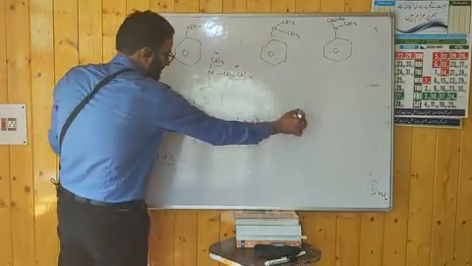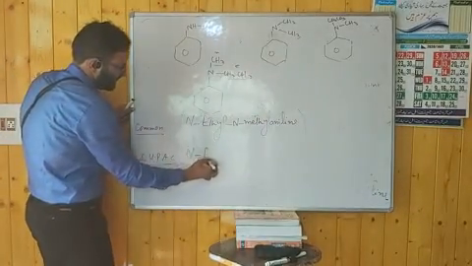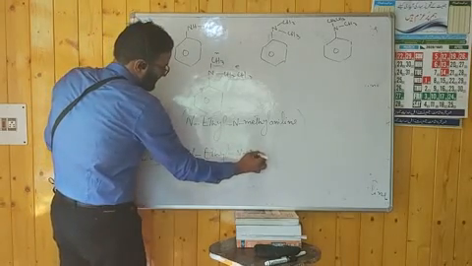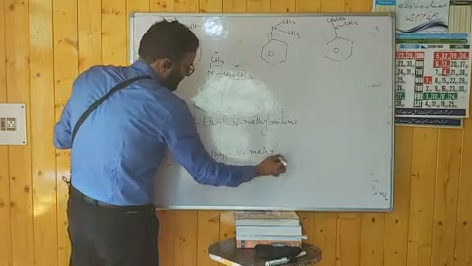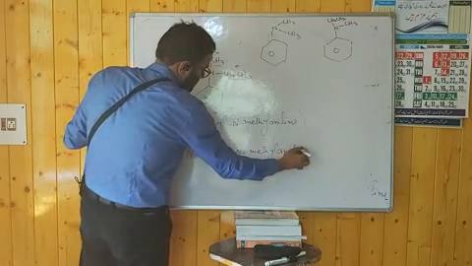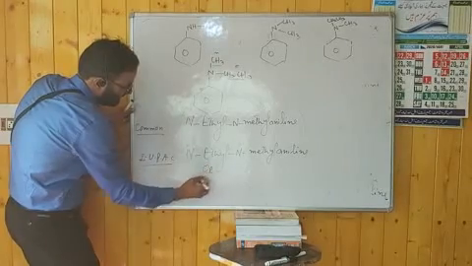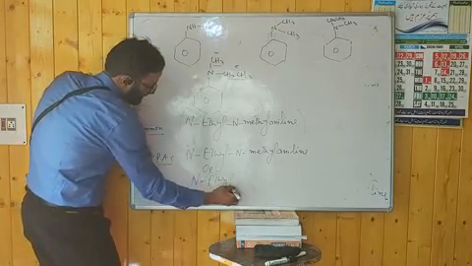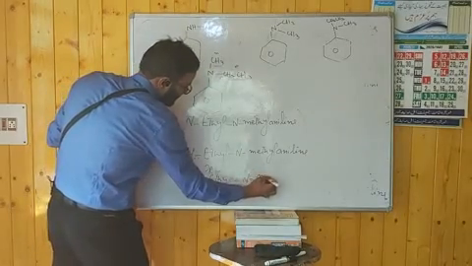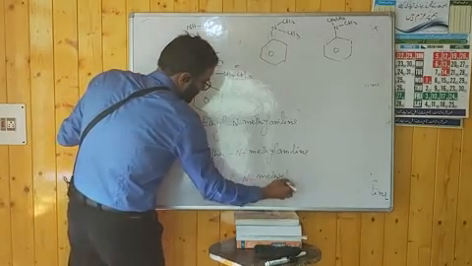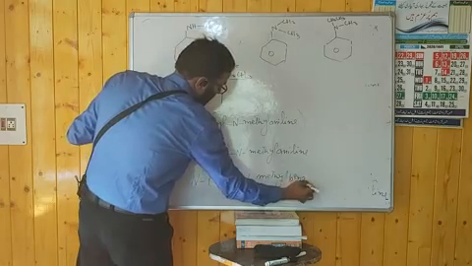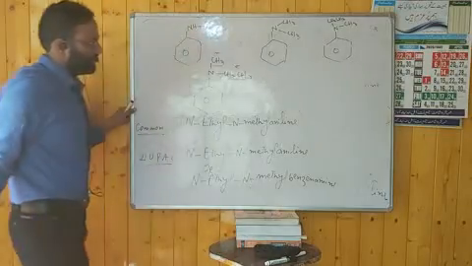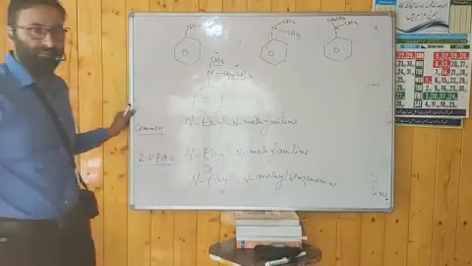This is the common name. What will be the IUPAC? It will also be its IUPAC name with respect to aniline, N-ethyl-N-methylaniline. What will be the second IUPAC name? N-ethyl-N-methylbenzenamine.